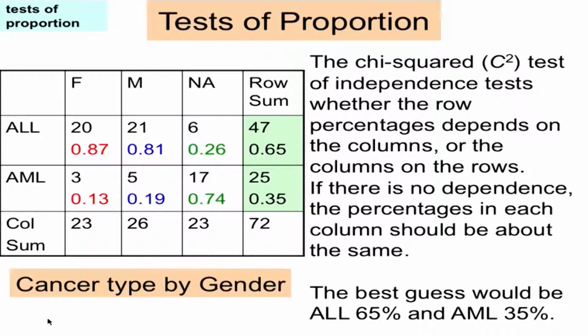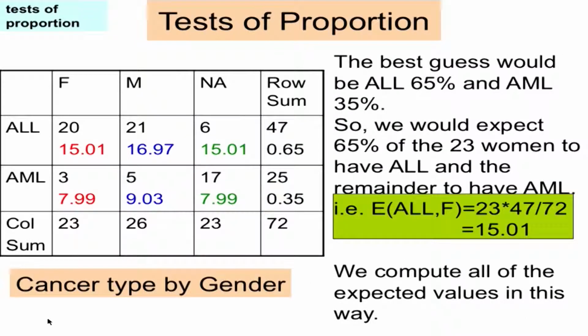So you just multiply 65% by the number of females and 65% by the number of males, and that gives you the expected number of males and females that have ALL, and the same thing with AML. And so that's what you get. And if you use the column percentages instead, you get the same numbers. That's key to this.